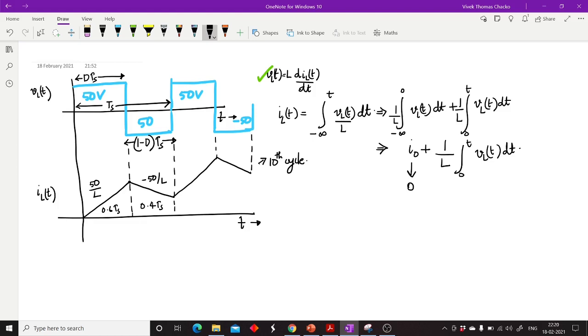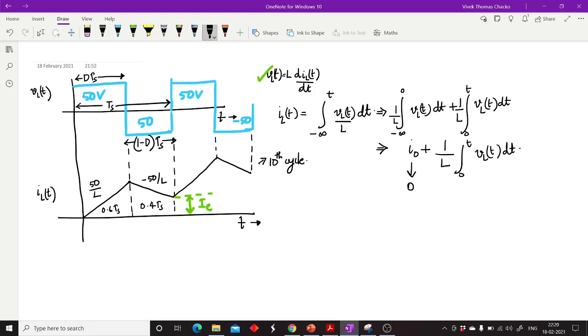But here in this case, as the charging interval, that is the dTs interval, and the 1 minus dTs interval are not the same, there will be an effective increase in the inductor current. So here, the effective increase in the inductor current during each cycle is given by this value. I'll write it as the effective increase in inductor current IE.